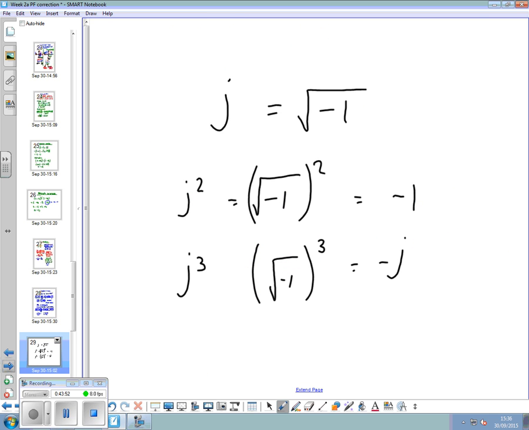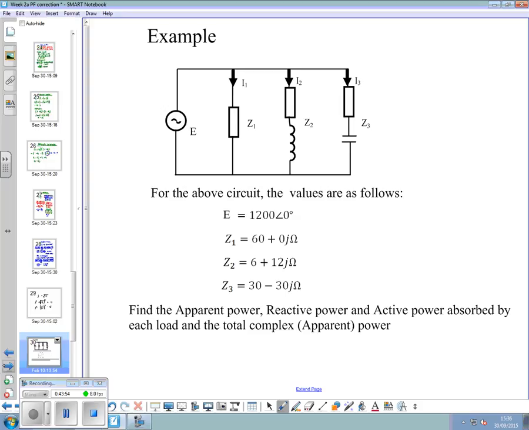So, using that arithmetic, we've got a circuit here with a power supply E of 1200 volts, and 3 impedances. Z1 is 60 plus 0j, so that's just a resistor. You should know that. It's only got a real part and no imaginary part, so it must be a resistor on its own.